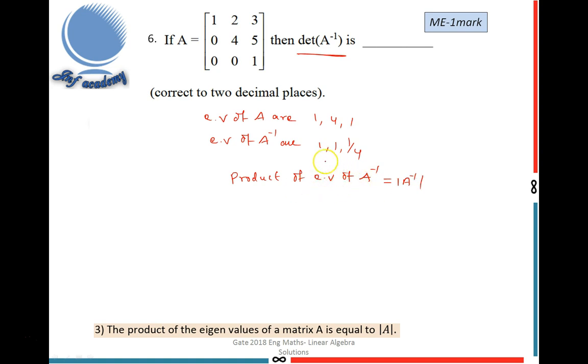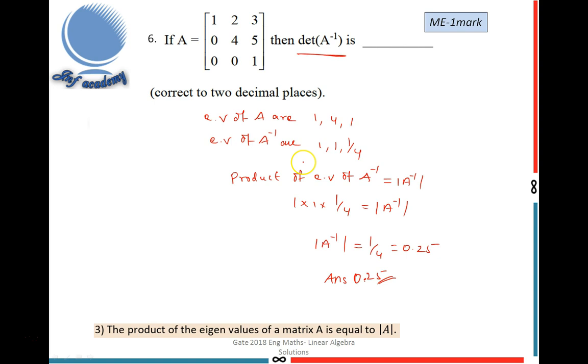So, the product is 1 into 1 by 4, which equals the determinant of A inverse. So, the determinant of A inverse equals 1 by 4, that is 0.25, correct to 2 decimal places. So, the answer is 0.25.